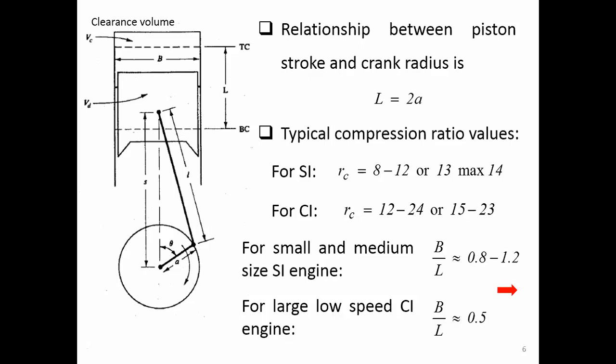You don't need any further research in order to design your engine. For a large low speed CI engine, the B over L will be approximately equal to 0.5. This is already proven based on conventional practice that is available. So B over L is equal to 0.5.